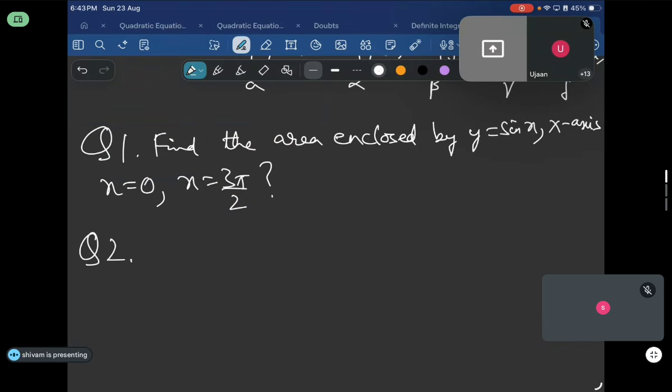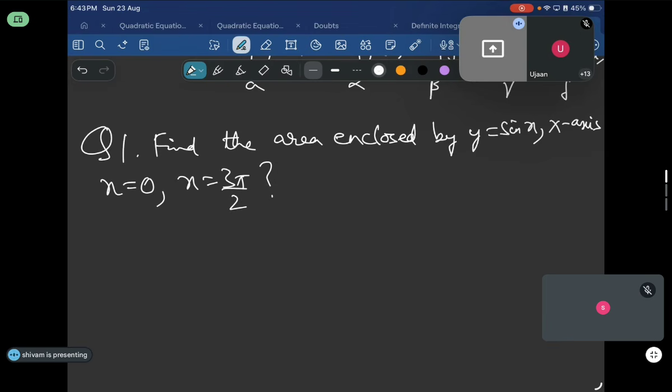Question number 2. Find out the area enclosed. Total area you have to find out. Total area of the curve. Shall I start? Tell me. The total means not the net.